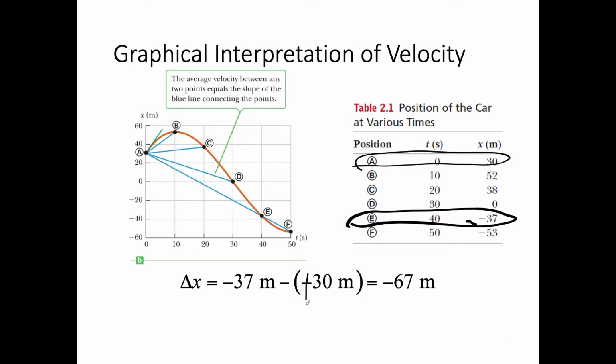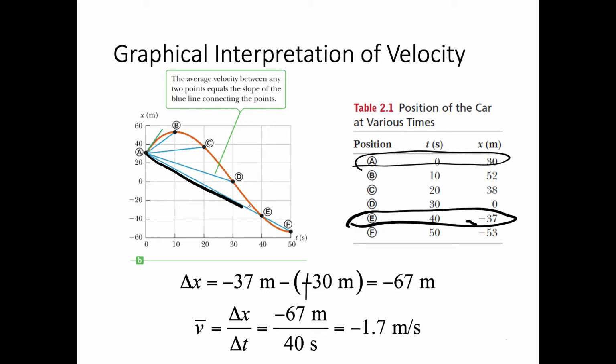It should be initial position 30, so the displacement is negative 67 meters. So we try to find the slope of this line joining A and E. The displacement is negative 67 and the time it takes is 40 seconds. So the average velocity from A to E is negative 1.7 meters per second.